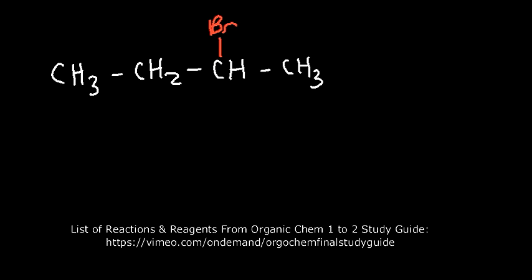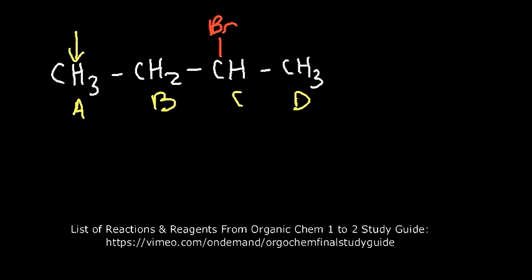There are 4 different signals. The 3 hydrogen atoms on this carbon are part of the same signal because those 3 hydrogens have the same exact electronic environment, so they show up as one signal. Let's call these protons A, B, C, and D. There are 4 different types of hydrogens in this compound, so we're going to get 4 signals.